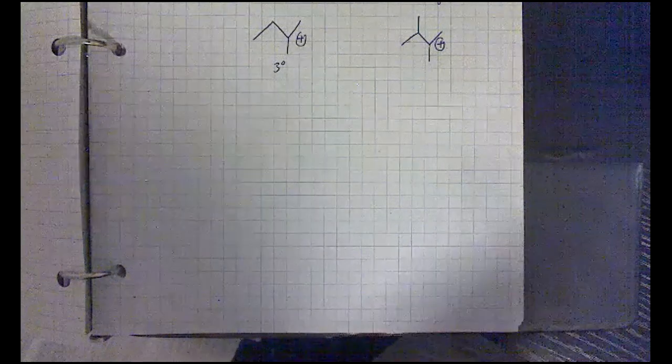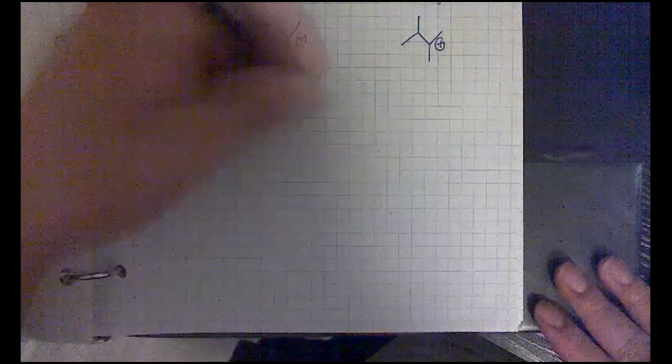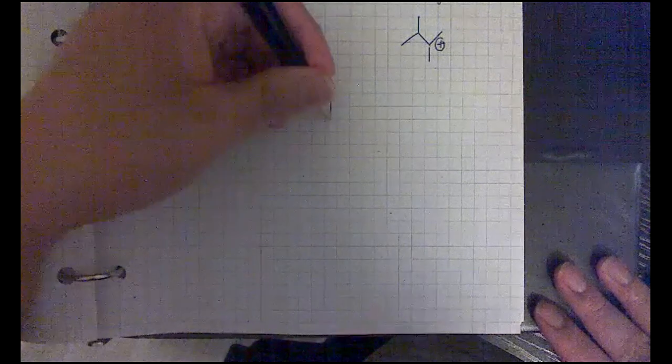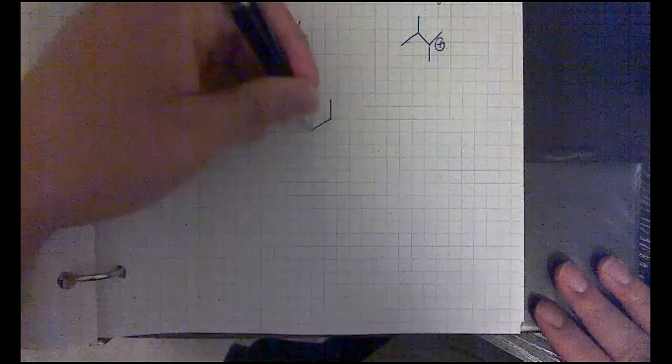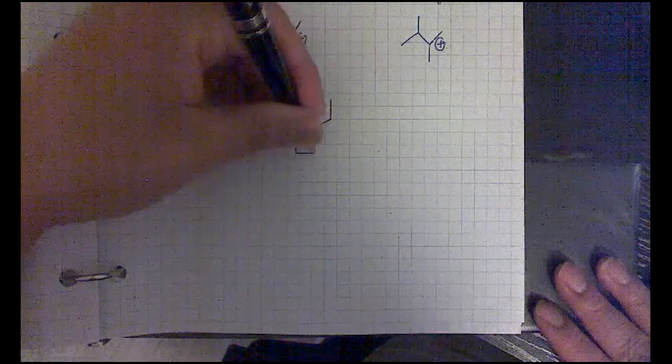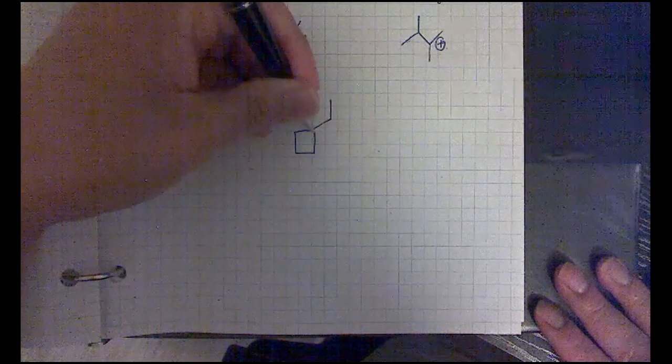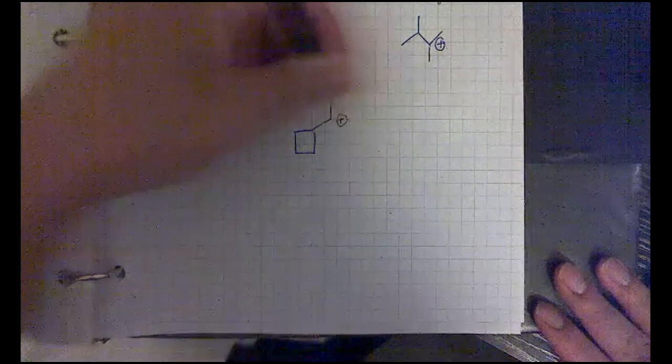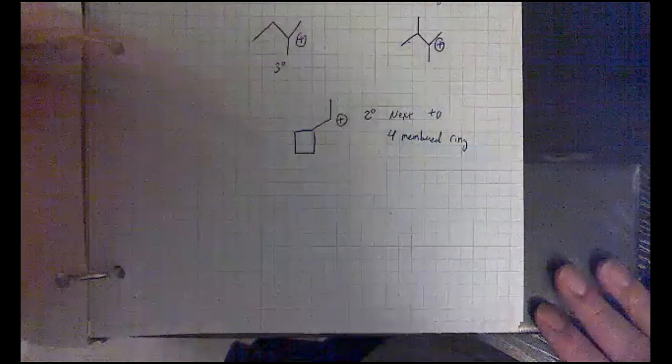So if you form a secondary, hint, hint, hint, carbon next to a secondary next to a 4-membered ring, you have what we call a ring expansion.